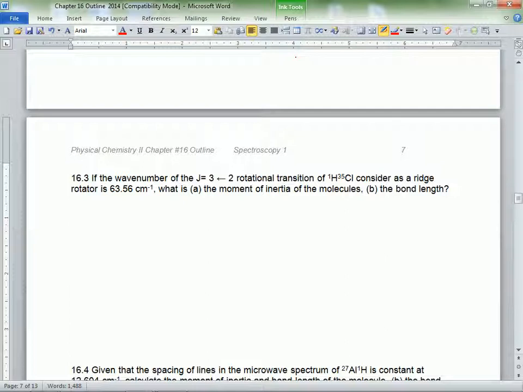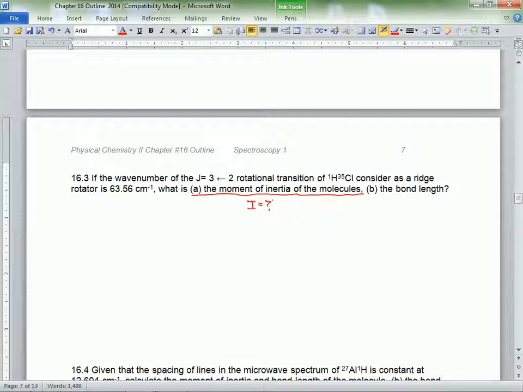If the wave number of the J equals 2 to 3 rotational transition of HCl, considered as a rigid rotor, is 63.56 wave number, so that's the wave number of the transition, what is the moment of inertia of the molecule? Since we have some equations and variables in them, what variable are we solving for here? That capital I. That's exactly where it starts.